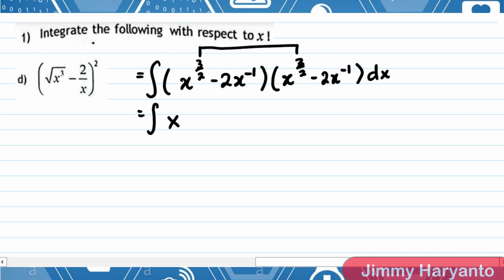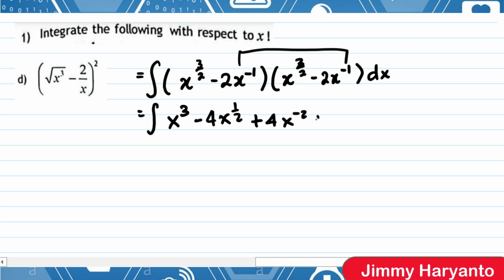You will have x to the power of 3, and then this times this, you will have negative 2x to the power of half, and then for this one also negative 2x to the power of half, you will have negative 4x to the power of half, and then for this one you'll have positive 4x to the power of negative 2, and then dx.